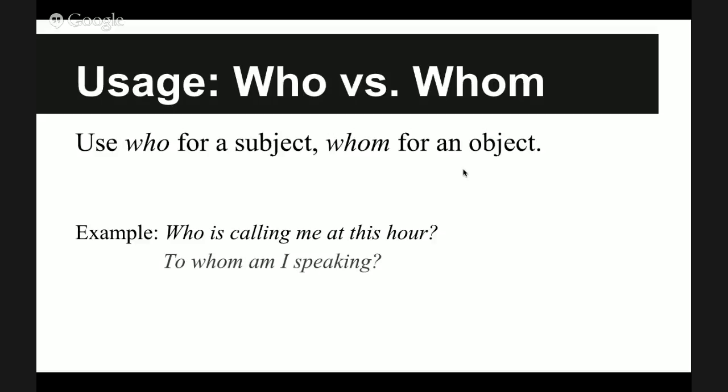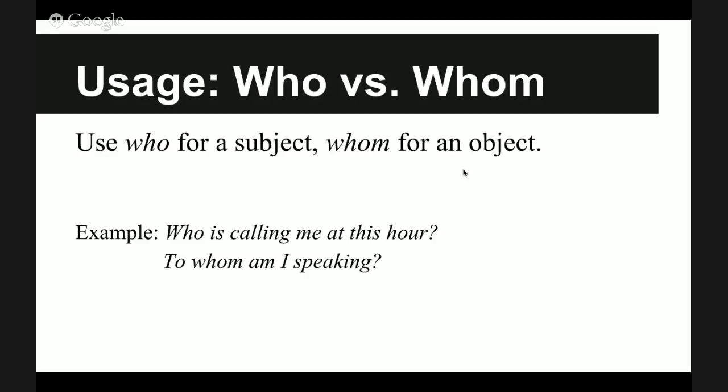Another example, "To whom am I speaking?" So notice that the subject noun in that sentence is the first person singular I. I am doing the action. What is the action that I am doing? I am speaking. The object, the thing that is being acted upon, is the other person. So the correct usage, because it is an object, is whom.